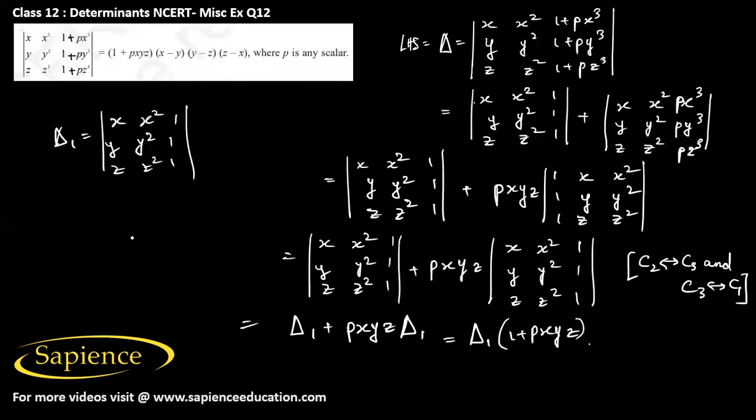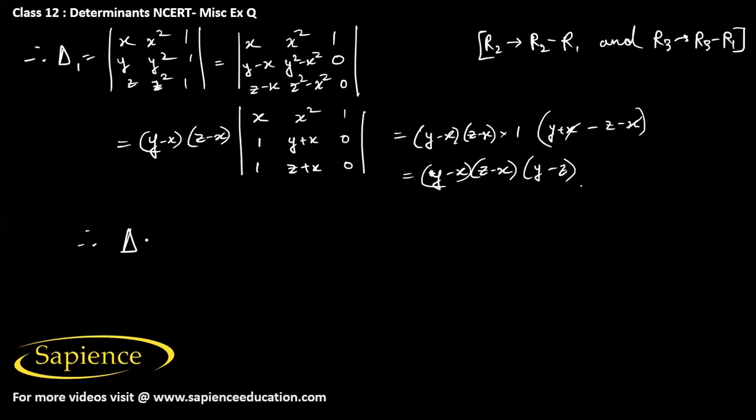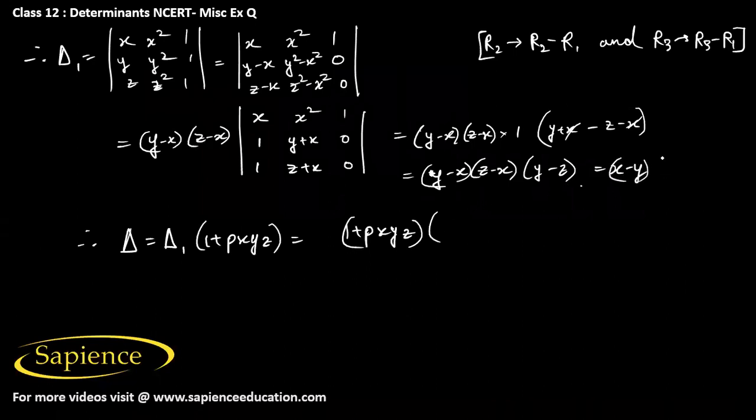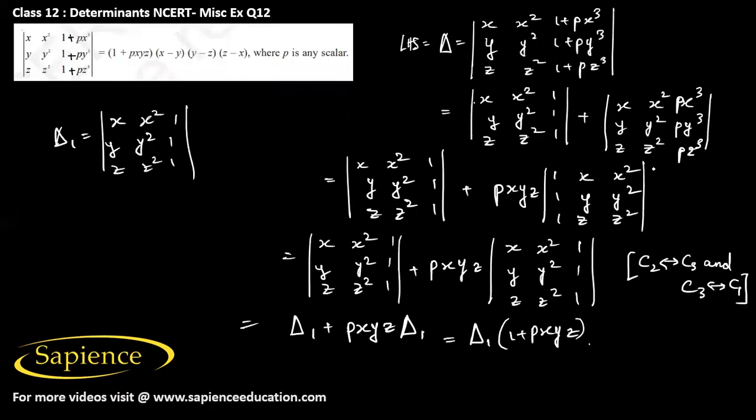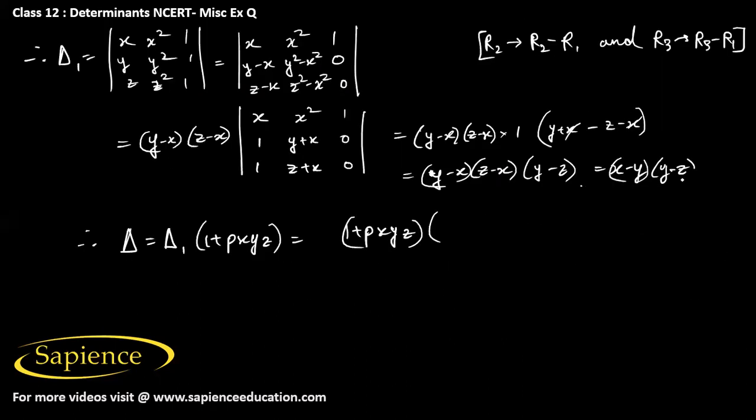So now therefore the value of the determinant on the left hand side, that is delta, is equal to, we got it as delta 1 into (1 + pxyz). So that will be equal to (1 + pxyz) into, I can write it as x − y.